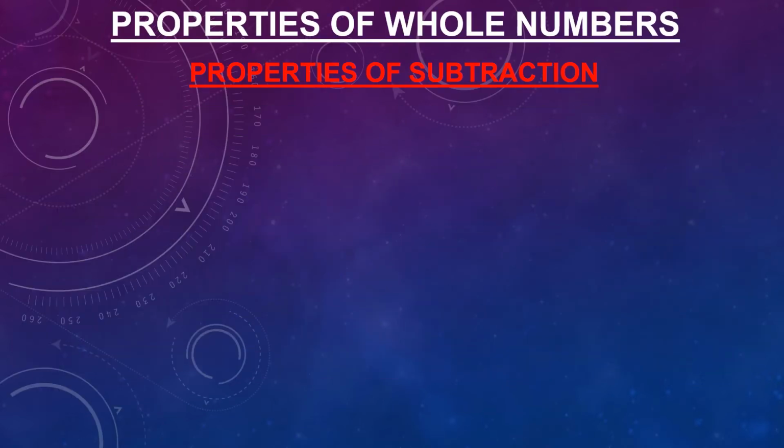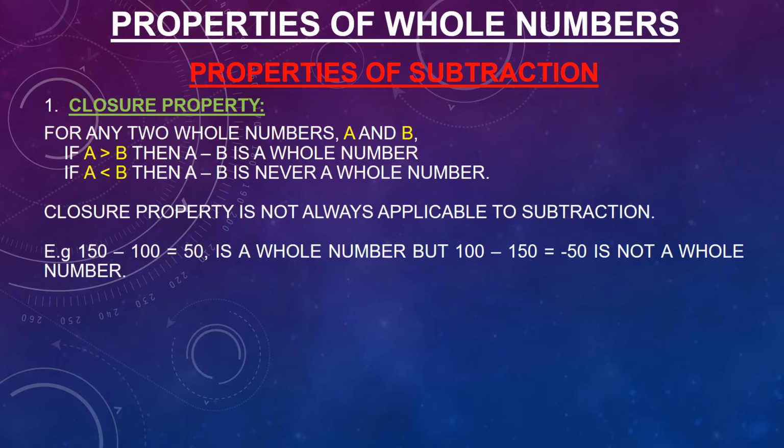Next heading is properties of subtraction. First property, closure property. For any two whole numbers a and b, if a is greater than b, then a minus b is a whole number. But if a is smaller than b, then a minus b is never a whole number.